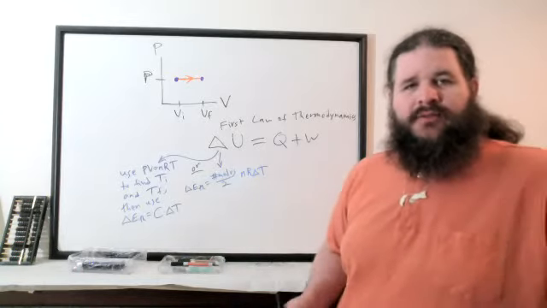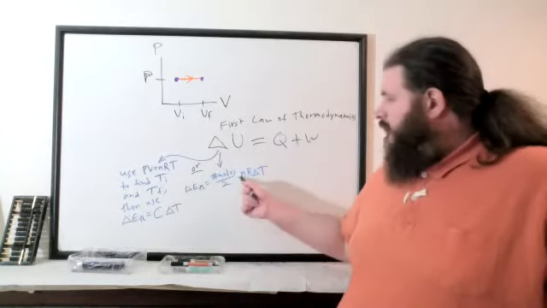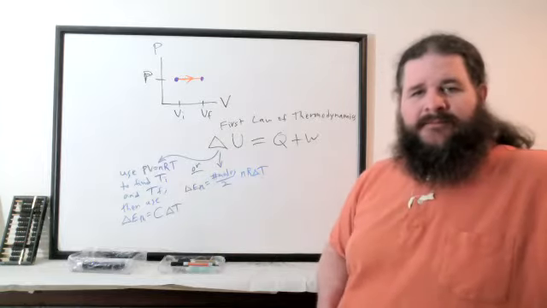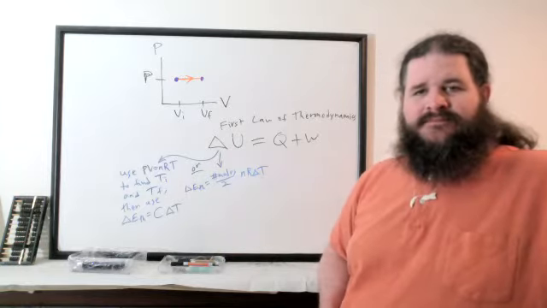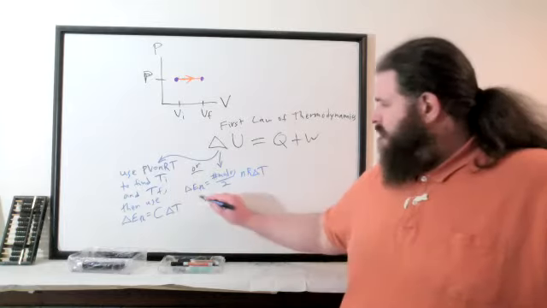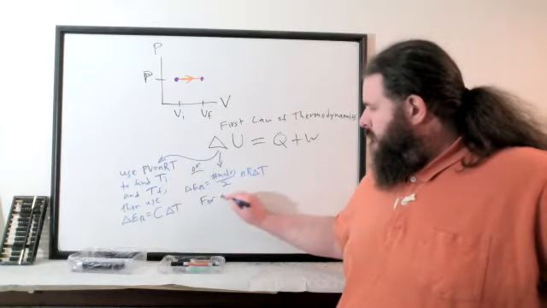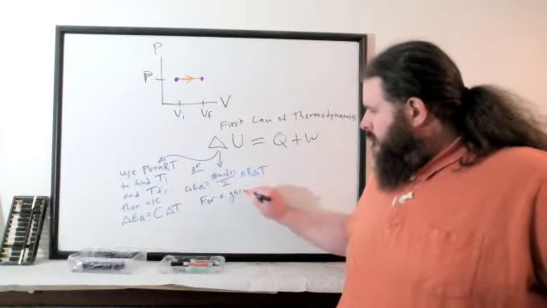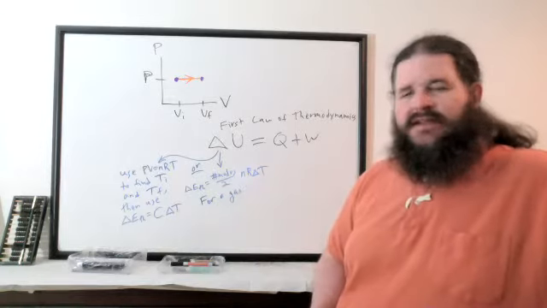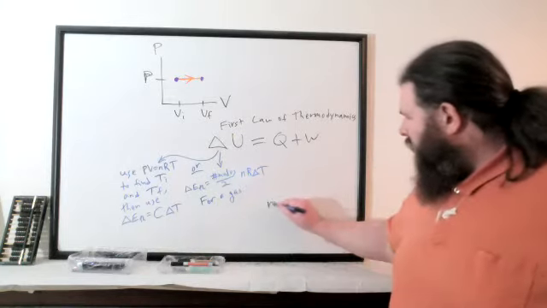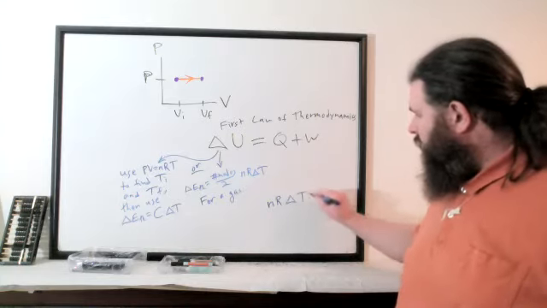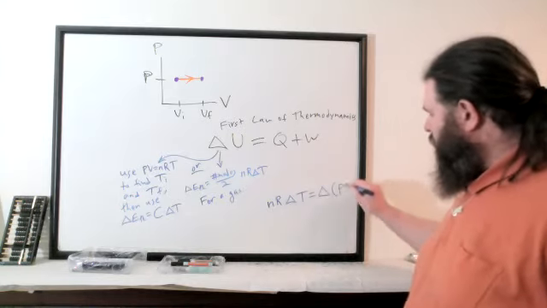And most conveniently, since we're specifically talking about a gas, what could nR delta T be replaced by? Yeah, nRT is PV. So nR delta T is delta PV.